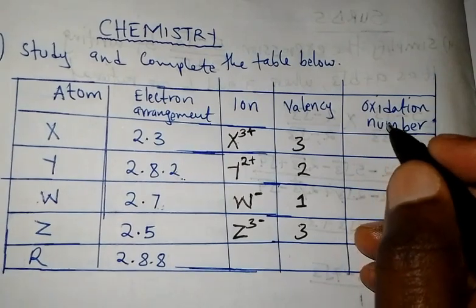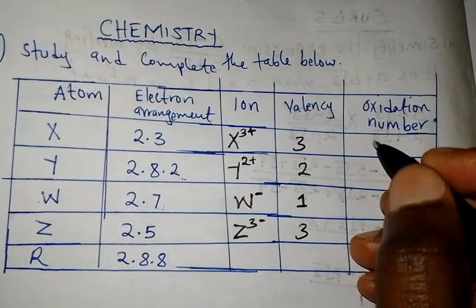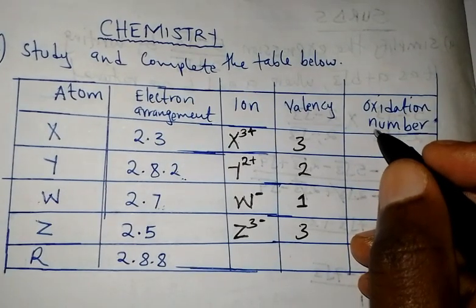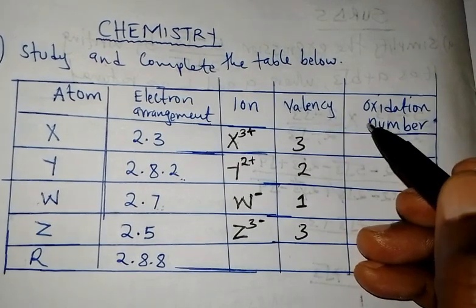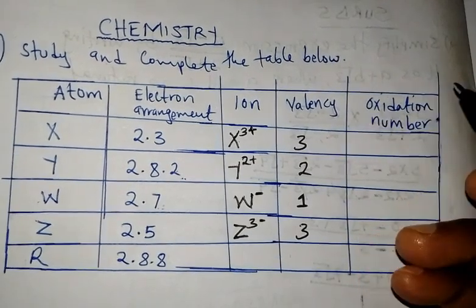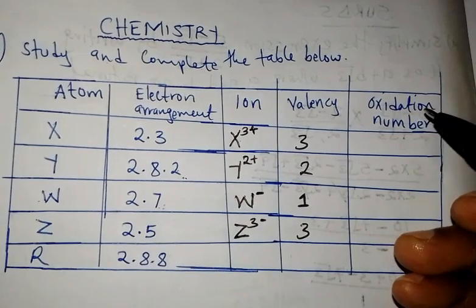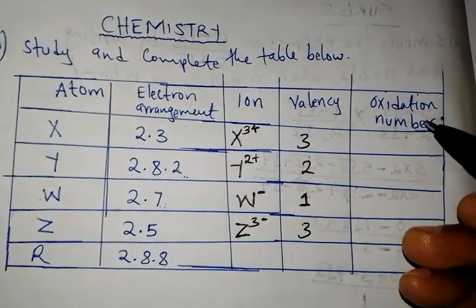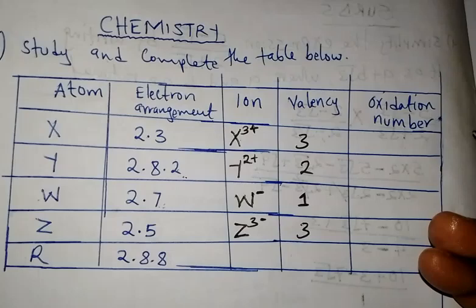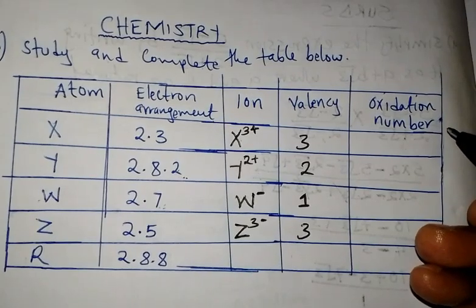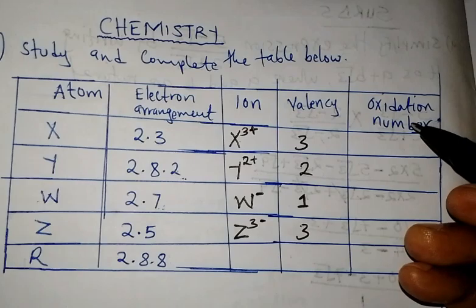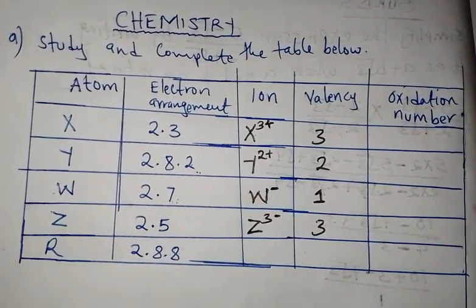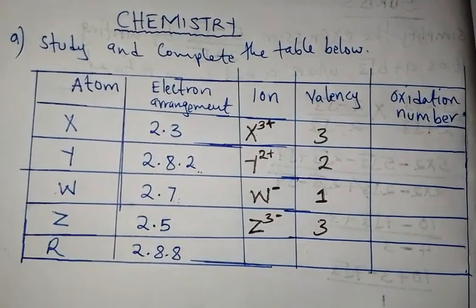Let us now look at the oxidation number. The oxidation number will be given by the number of electrons that an atom gained or lost. Again, whenever you are writing the oxidation number, you are supposed to start with the sign positive or negative.